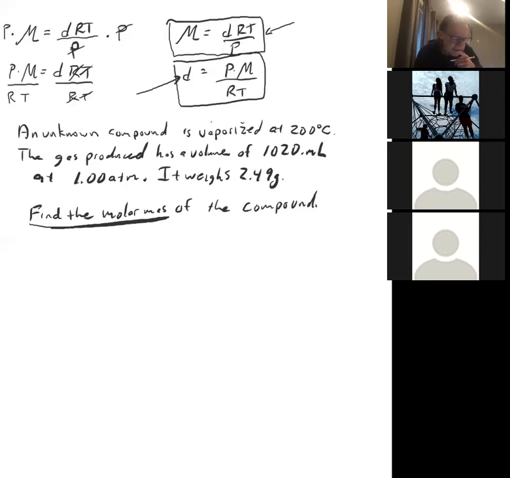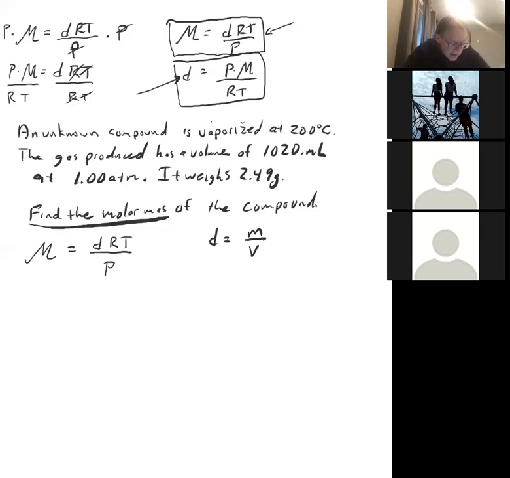So we do know what we're looking for. We're looking for the molar mass. To find the molar mass, what do we need? We need the density, we need R, we need T, and we need P. Well, we don't have the density. I don't see density given anywhere in here. Typically when you do these problems, they don't give you the density, but you can figure it out. Here's how. The density of any substance is its mass over the volume.